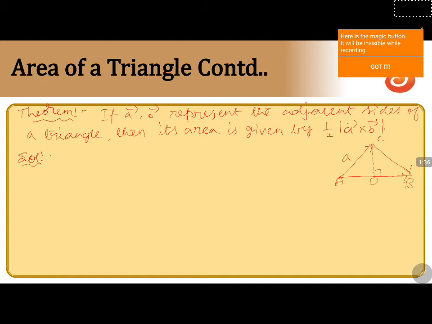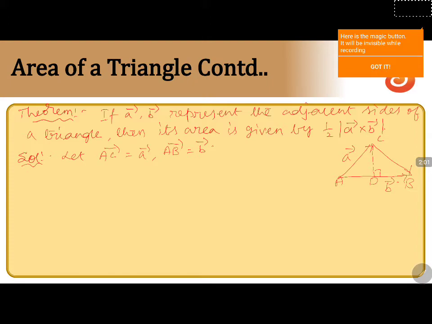AC is denoted by vector a, while AB is denoted by vector b. Now, what are the things on the diagram? We'll write it here: let vector AC equal vector a, while vector AB equals vector b.